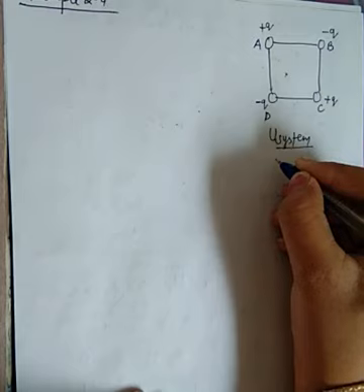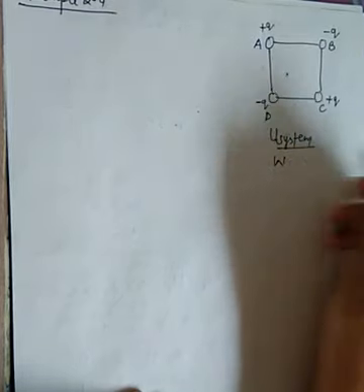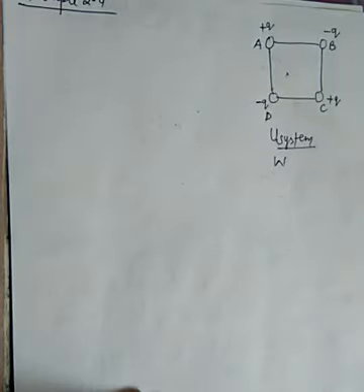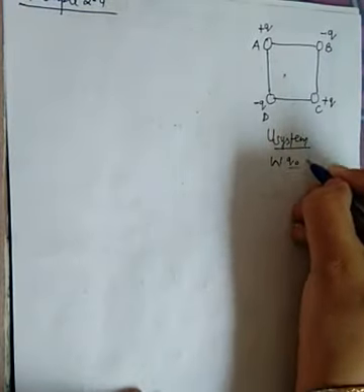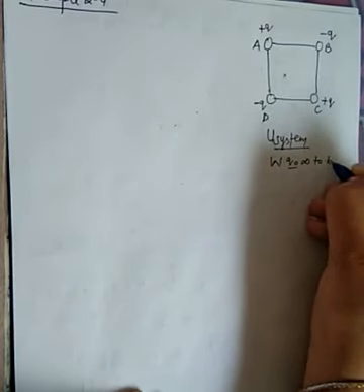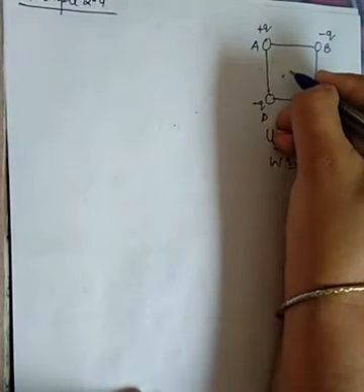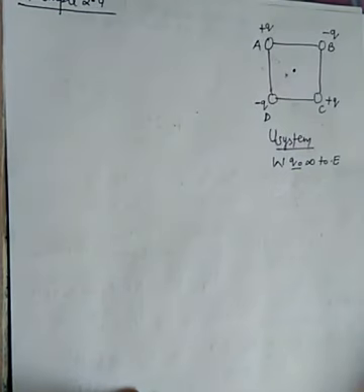We also have to find the amount of work done to bring a test charge Q naught from infinity to point E, which is the center point of our considered sphere.